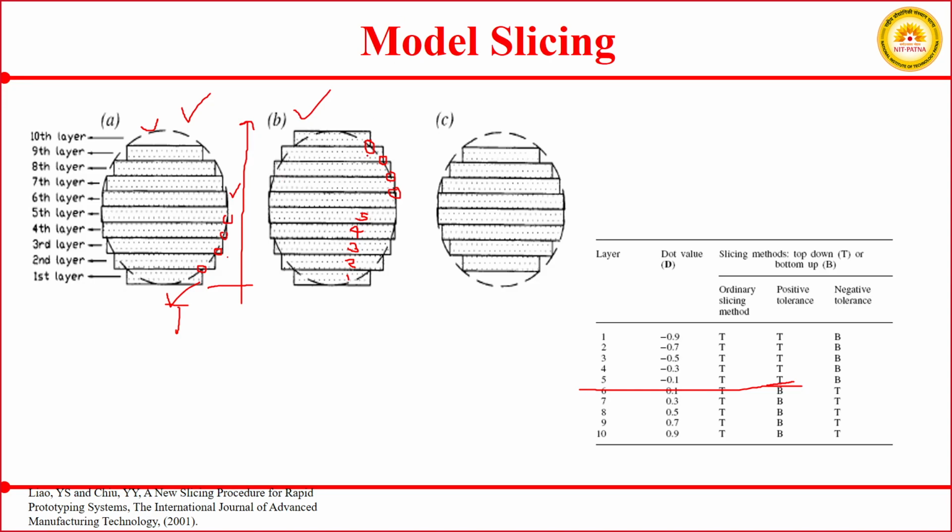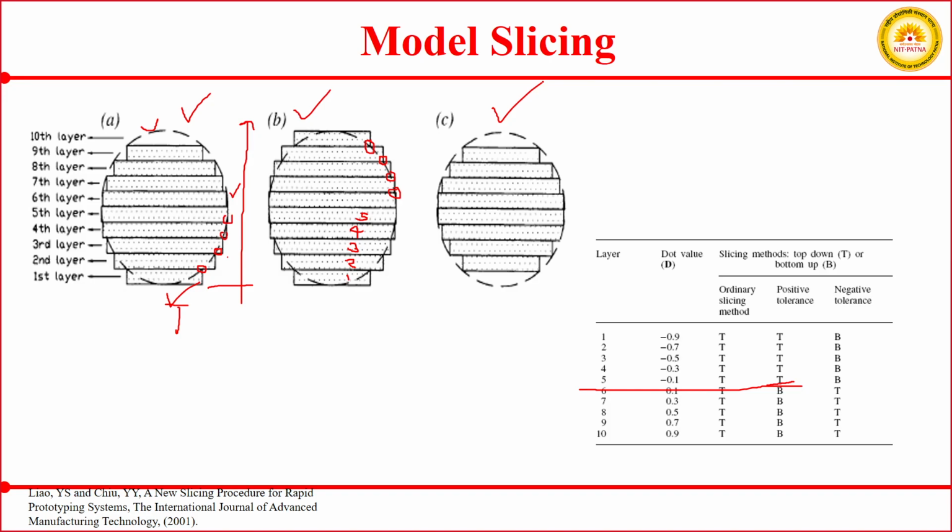Then it comes to another case when we have to use the component at some locations where you cannot have oversize. Okay, where oversize is not permitted. Maybe the part needs to be fit at a location where oversize may not fit properly.